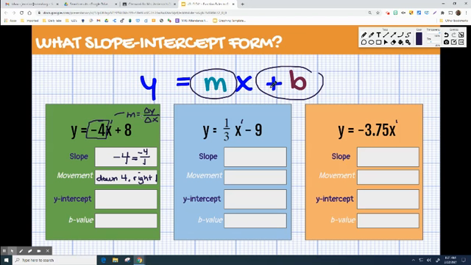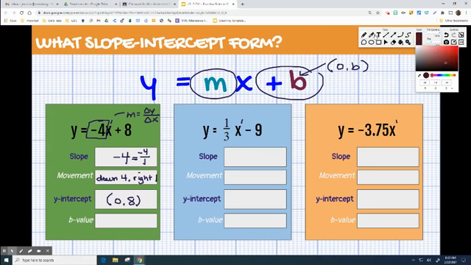My y-intercept. My y-intercept is the constant term. That's right here. But remember, my y-intercept is 0, b. So the y-intercept is an ordered pair. So the ordered pair, remember, is when x is 0. So I have 0, 8. Let me change the color so it stands out a little bit different than my slope.